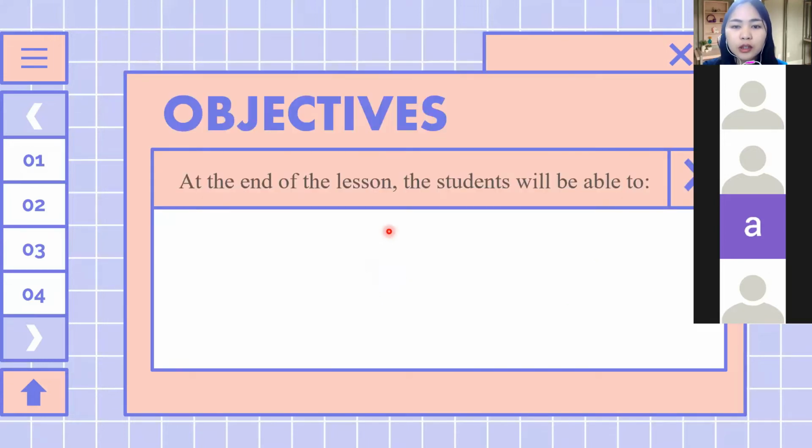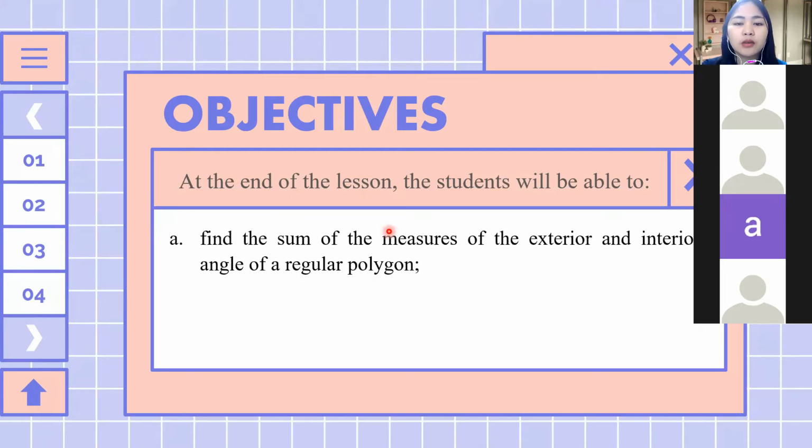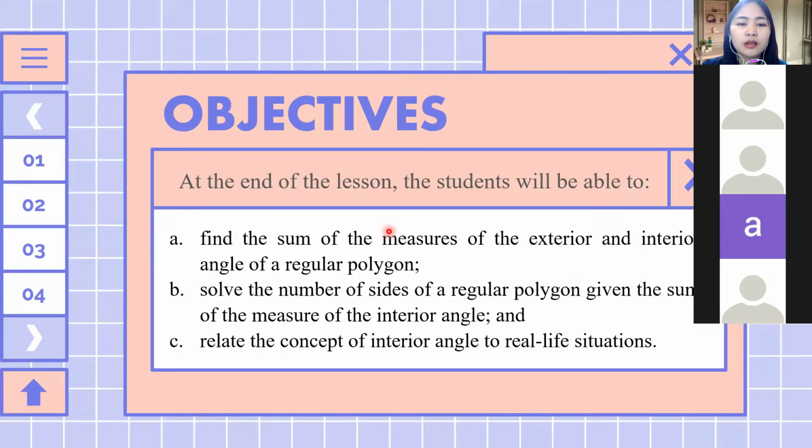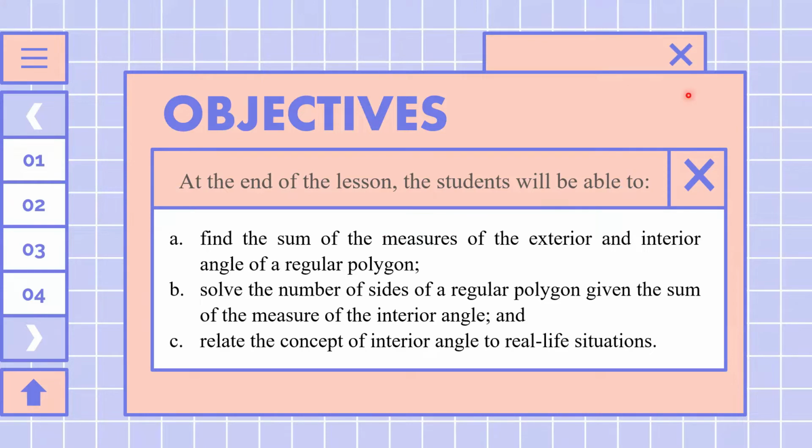So this morning, may I ask Zion to please read our lesson objectives? At the end of the lesson, the student will be able to A. Find the sum of the measurement of the exterior and interior angles of a regular polygon.